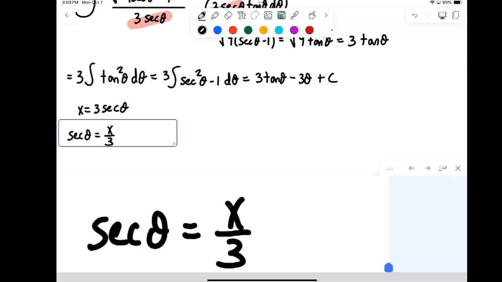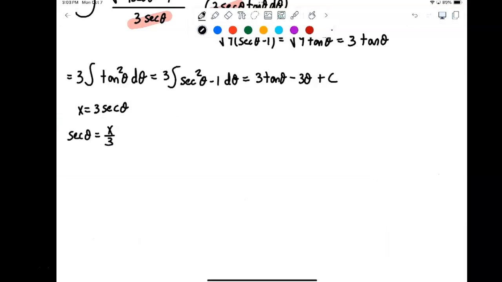So we have to go to the diagram and draw the picture for secant theta so that we can talk about tangent theta. The 3 theta part's easy enough to do. That's going to bring in an arcsecant function. Okay, that's not a problem. But the tangent does introduce a problem.